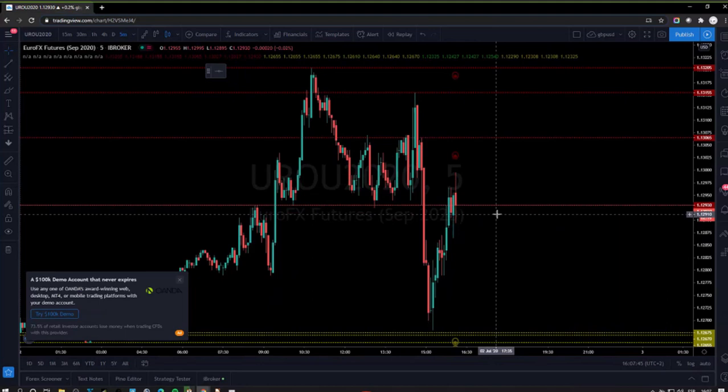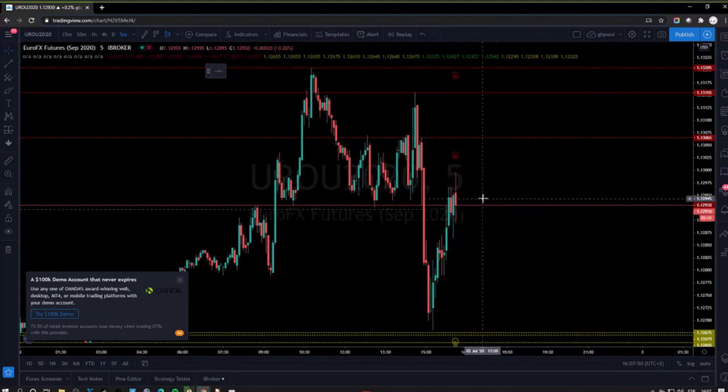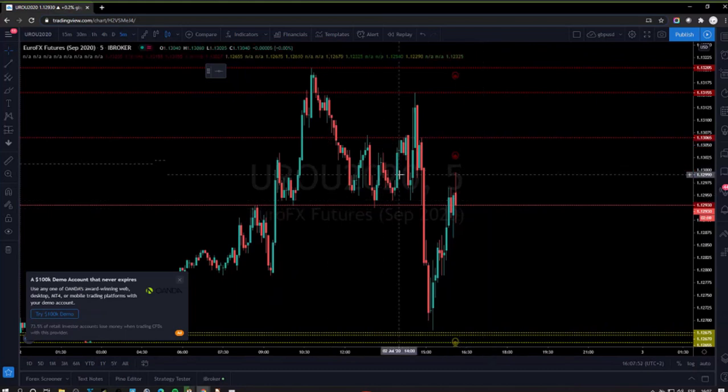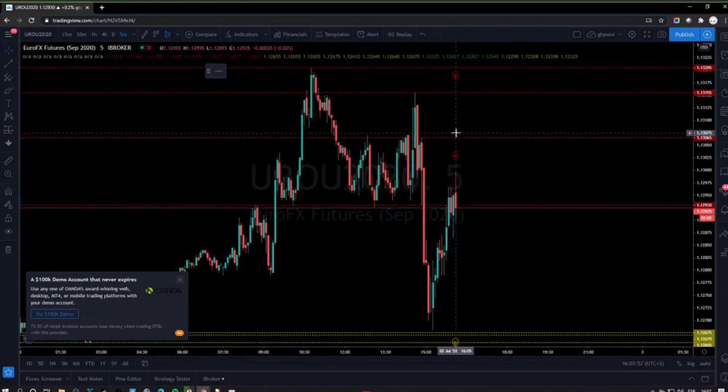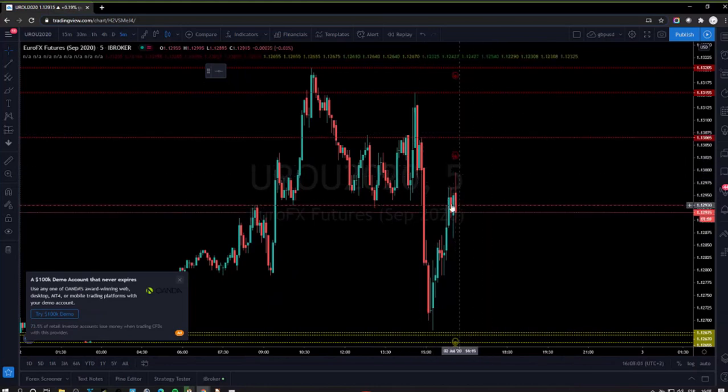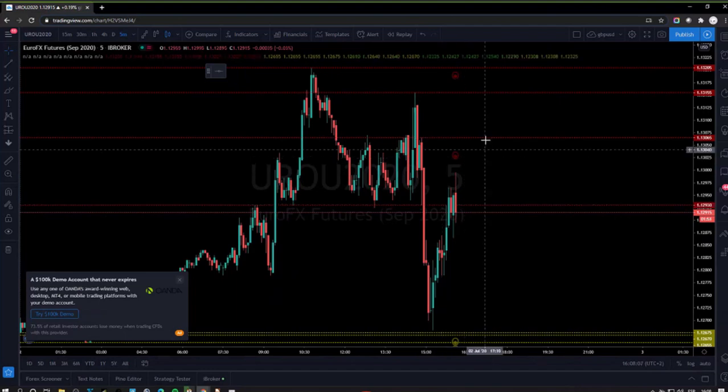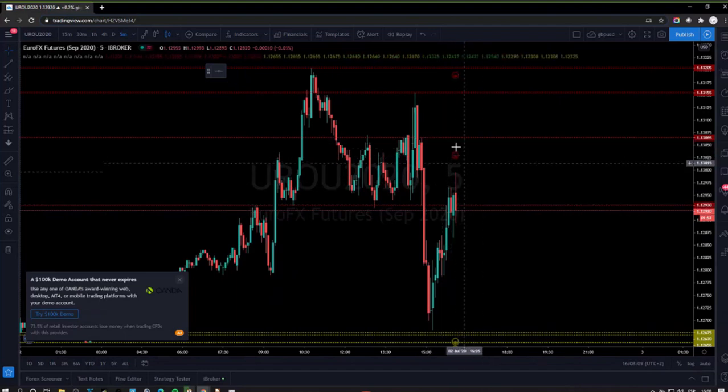Okay, you need to verify. You need to make sure that there's something that supports your theory, right? And in this case, we have the UFO pretty much nearby the area where we were trading on the order flow software. So this is actually confirming to us that this UFO is correct.